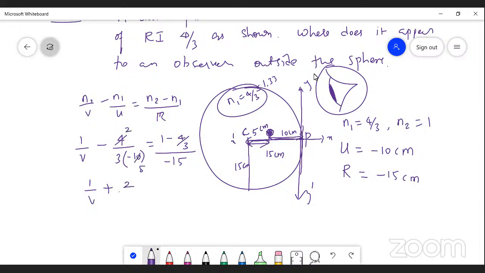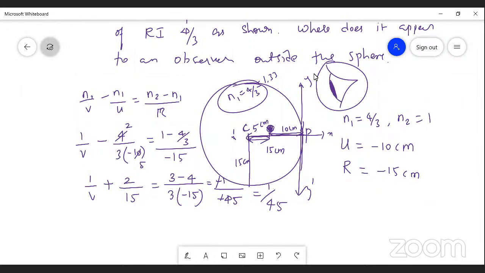So this is 2 divided by 15. 2 divided by 15 is equal to, LCM 3, (3 minus 4) divided by 3 times minus 15, which is equal to minus 1 divided by minus 45. Negative, negative cancel, so 1 divided by 45.